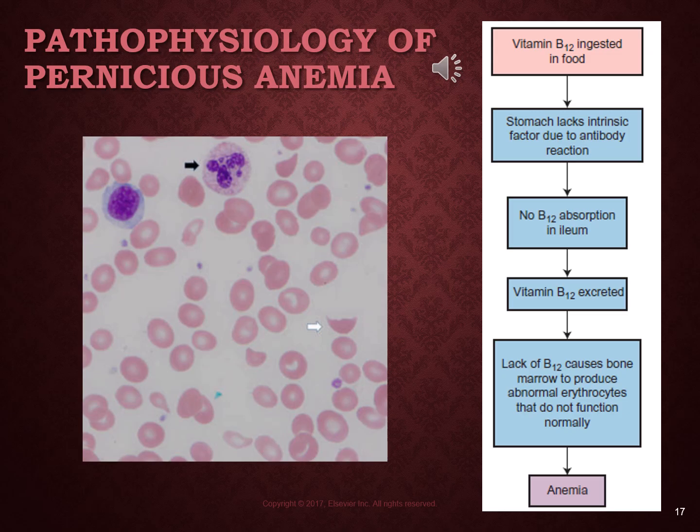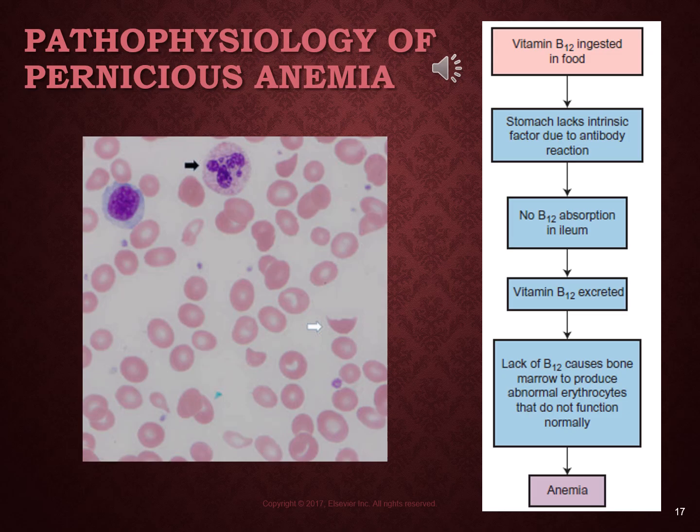We've danced around vitamin B12 deficiency just a little bit, but let's talk now specifically about the pathophysiology of pernicious anemia. What happens in pernicious anemia is when you ingest B12 in your food, you need intrinsic factor in order to absorb that.